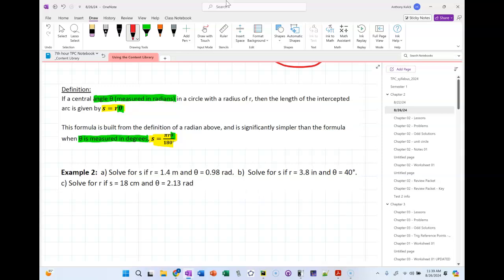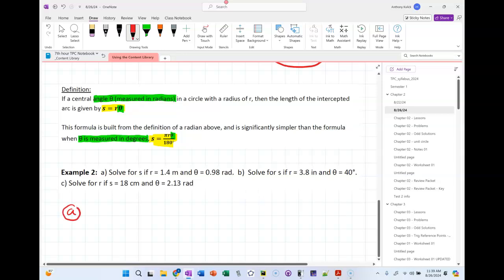First example says solve for S if R is 1.4 meters and theta is 0.98 radians.